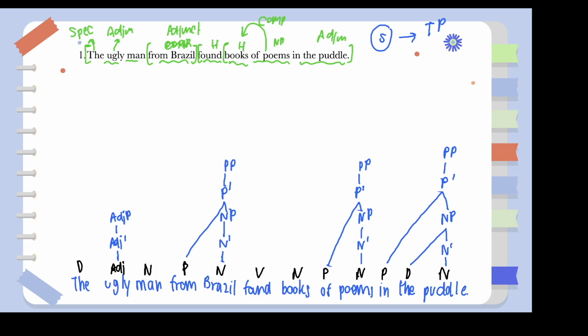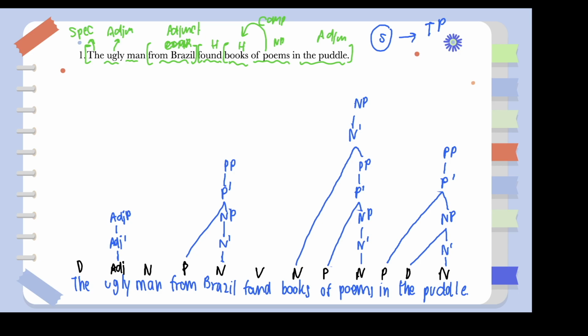So now we have prepositional phrase, and from this prepositional phrase we look at what can be attached with our prepositional phrase. So the only thing is books or poems here, so it attaches to be N bar, and in this N bar nothing modifies book or poem, so it's going to be noun phrase NP.